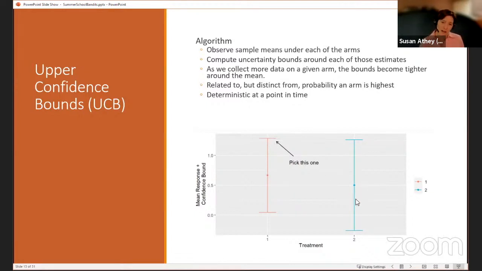But if I had made this blue bar a little bit wider, even if it had a lower mean, you would deterministically pick arm 2. And so if you have something that's really noisy and you haven't gathered any data about it yet, then it's going to have really wide confidence intervals, and you're going to pick that one. So you sequentially go arm to arm to arm, dumping data on them to shrink their confidence intervals until you find the best one.